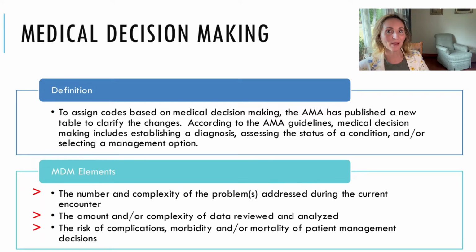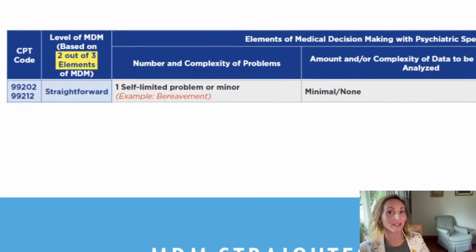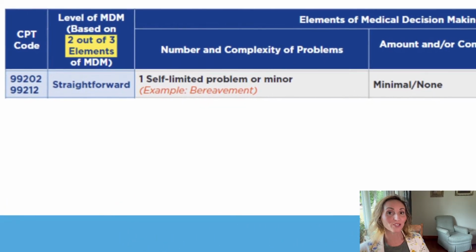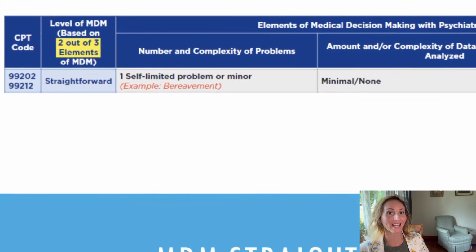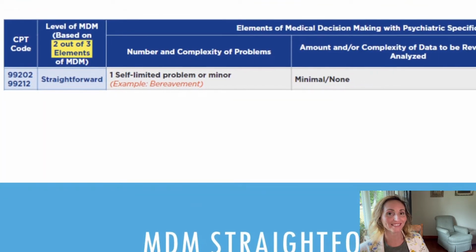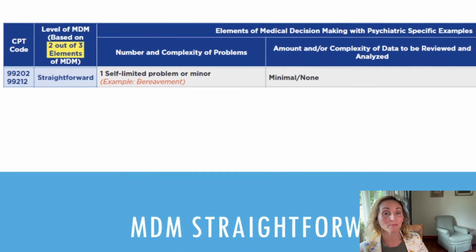The MDM components are number of diagnoses, data, and risk. To determine the level, you would choose from 2 of the 3 columns. For straightforward, you would select 99202 or 99212. An example would be bereavement.